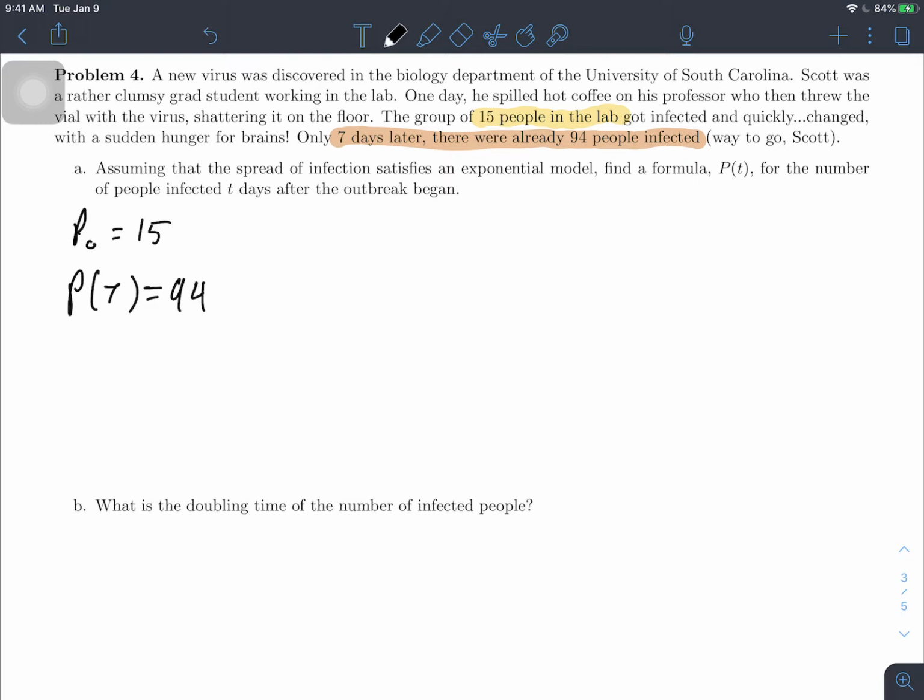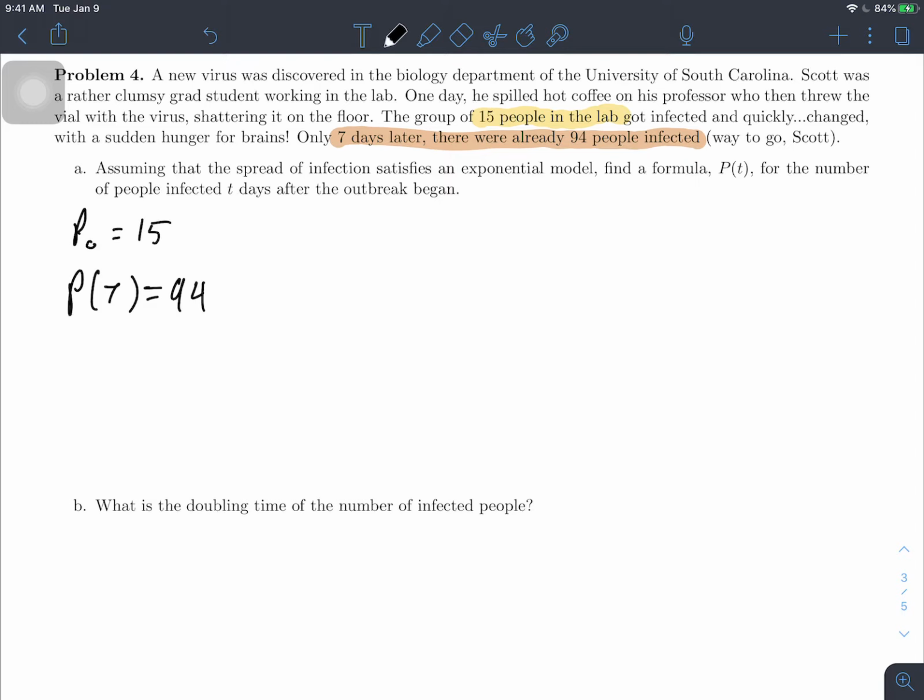We know that 94 is equal to P naught, that's 15, times a to the power 7. A to the power 7, because it took 7 days for us to get 94 infections from 15 infections.